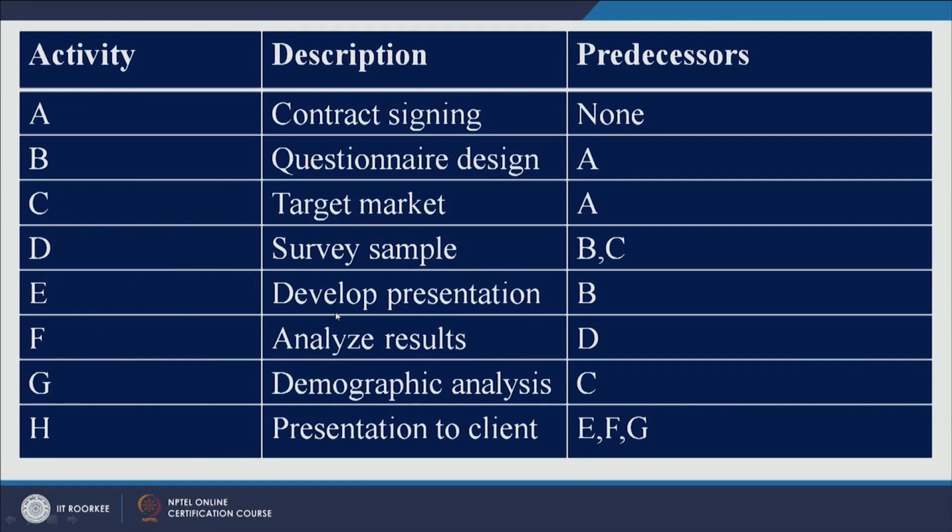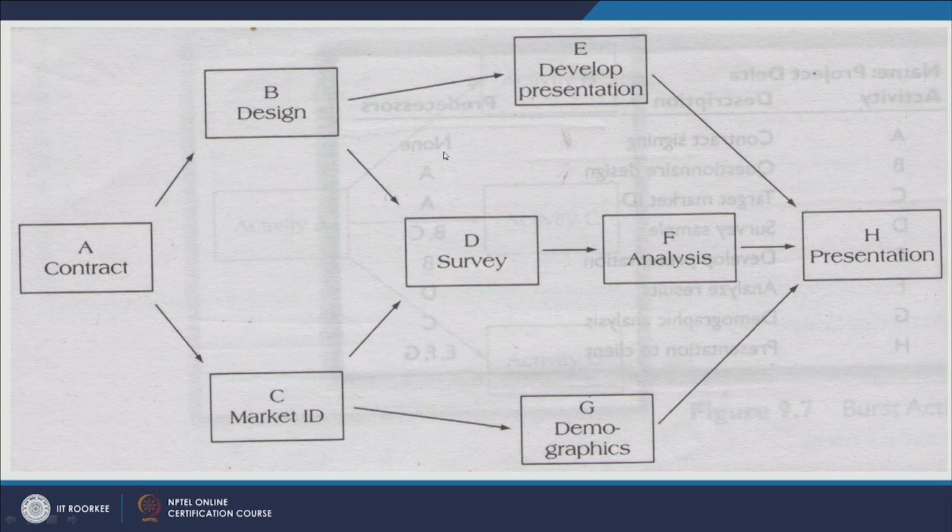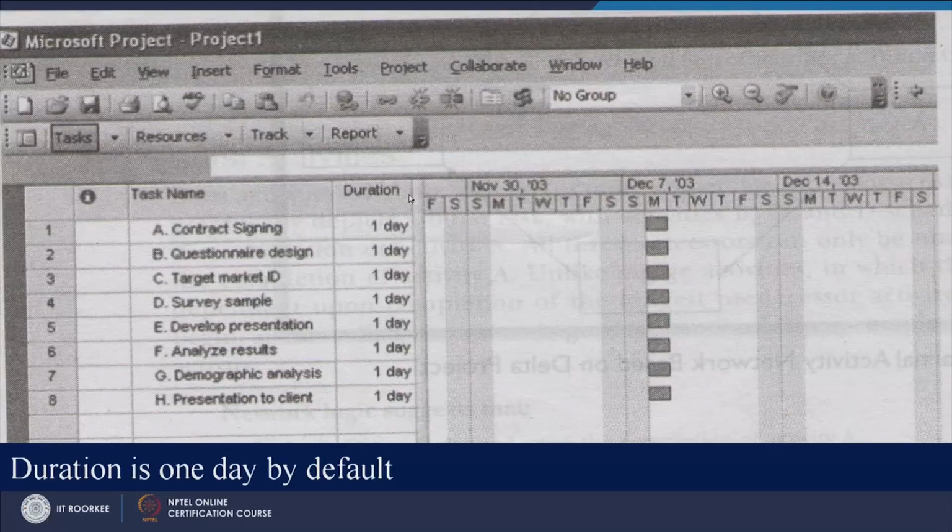So, in fact this is a network, and the network is having different activities A, B, C, D, E, F, G and H. So, you can always draw a network for this particular problem. So, this is actually the network. So, contract, design and all other activities are there. Now, if you want to see how to enter these activities in MSP, then it looks like this, right.